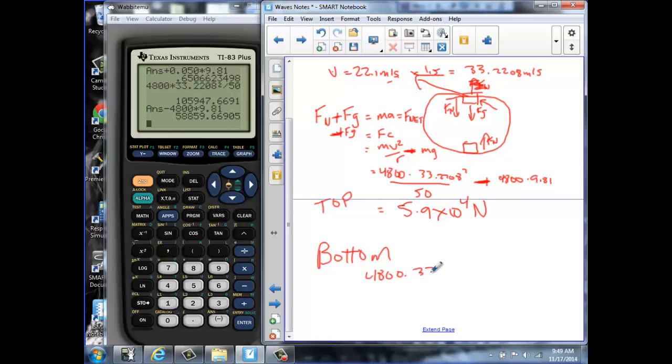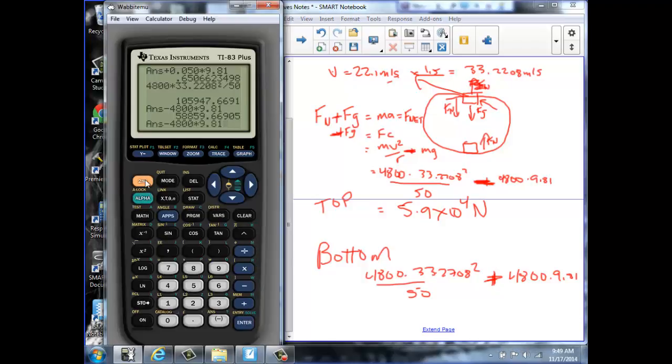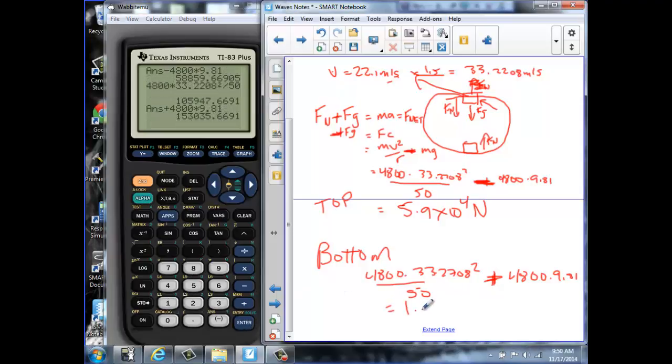I'll write it out again: 4,800 times 33.2208 squared over 50, and this time we add 4,800 times 9.81. So this one is minus, this one is add. Take that value and add 4,800 times 9.81. I got 1.5 times 10 to the 5 newtons.